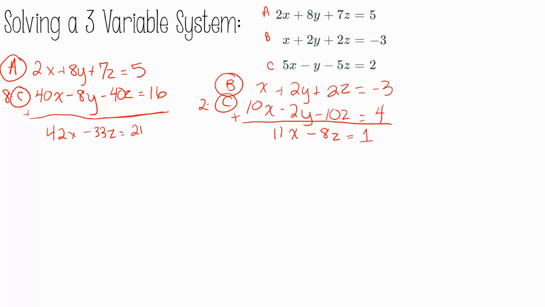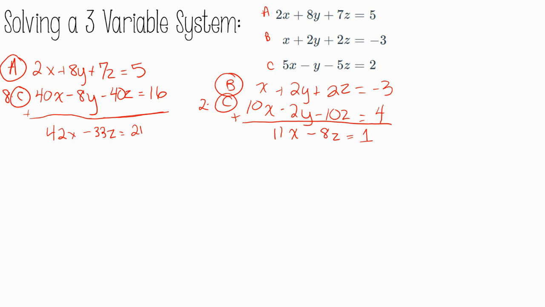And now we want to eliminate, and we're going to pair our equations together, either getting rid of x or z. And if there's no common factor, you just go ahead and multiply.